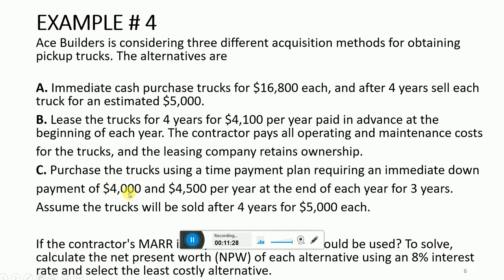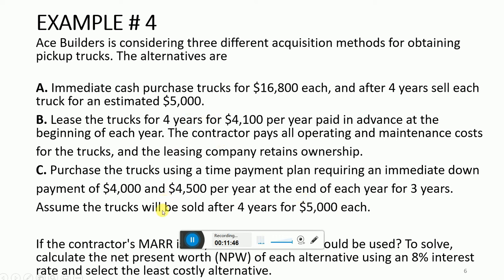So he pays 4,000 initially, the down payment, and 4,500 per year at the end of each year for 3 years. Assume the truck will be sold after 4 years for 5,000 each.